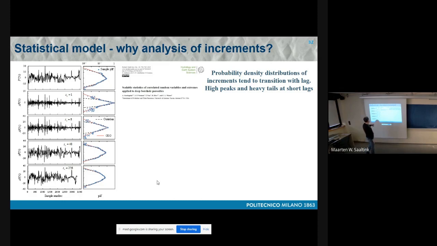We had analyzed previously some data. These are vertical profiles associated with neutron porosity that were recorded in an oil field, along a well, and these are distributions of increments at different lags. This is the sample PDF of the original data, and these are sample PDFs of the population of the increments.